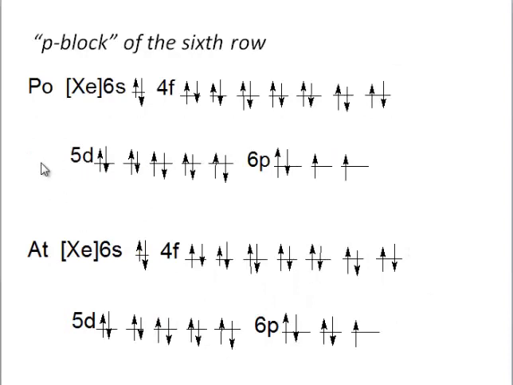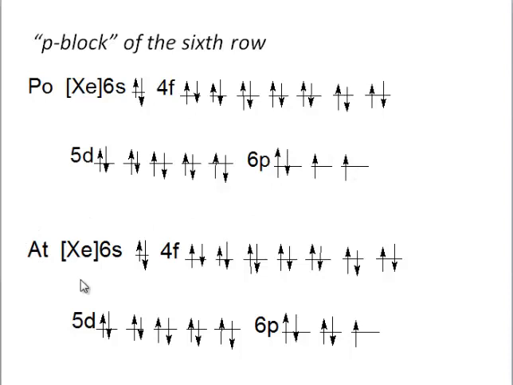We're in the p block of the 6th row at this point. We can readily count 4 p electrons for polonium. That means 4 electrons in the 6p subshell. Note the arrangement of s and p electrons is similar to oxygen and sulfur.